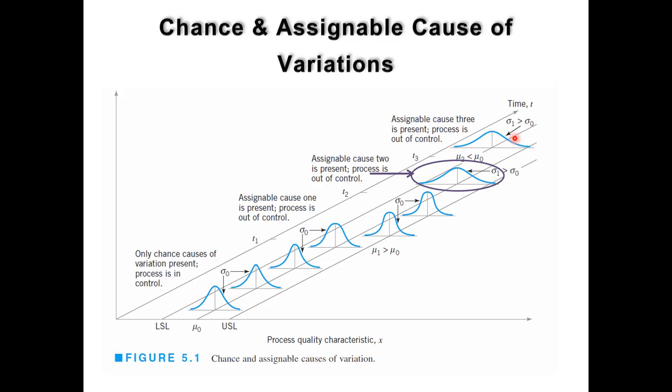As such, the sample standard deviation is actually larger than the process standard deviation. So again, we are saying that there's a presence of assignable causes which has led to the process to be out of statistical control.